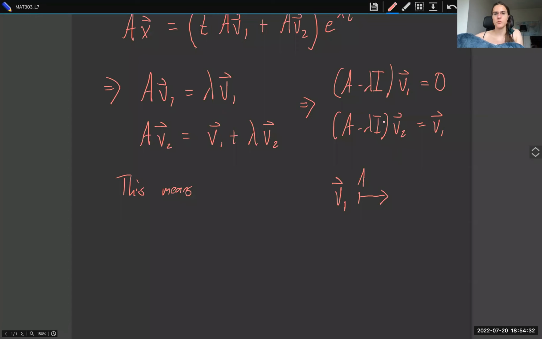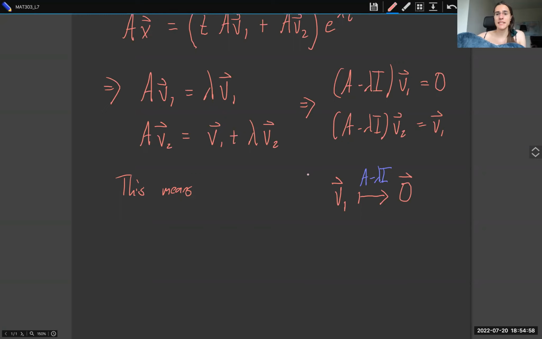Let's write that in blue. What does A minus lambda I send v1 to? Zero. Okay, break soon.